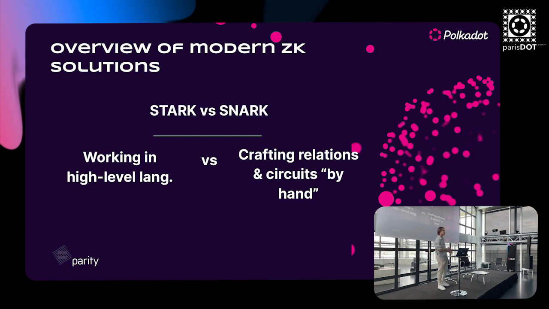With STARK, the setup is transparent, but you pay with a large proof size. There are certain developments where you can reduce this proof size, but I'm not going to go into detail. I'm sure we have some people in the audience who are more knowledgeable on this topic and can tell you more about how this can be done.